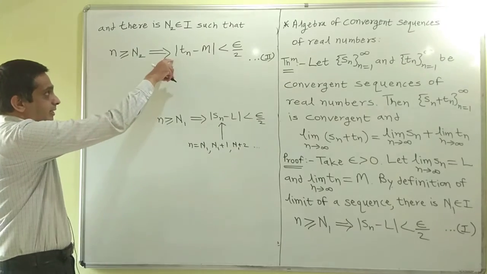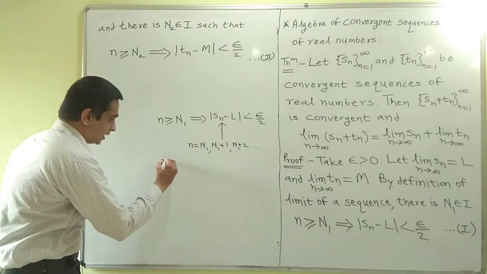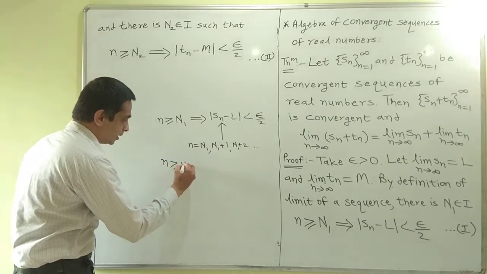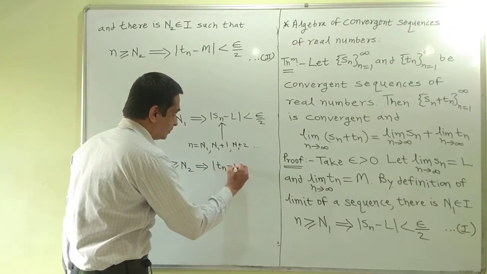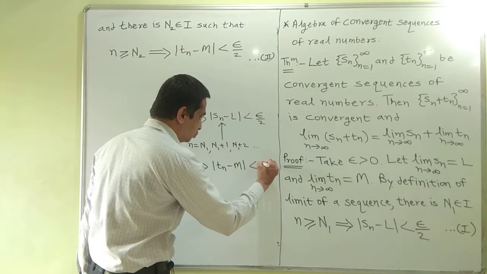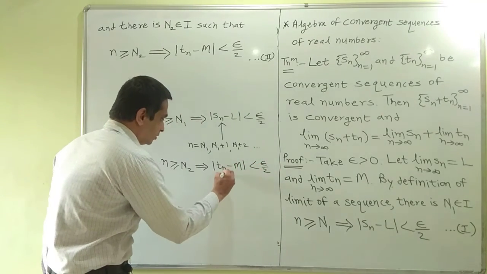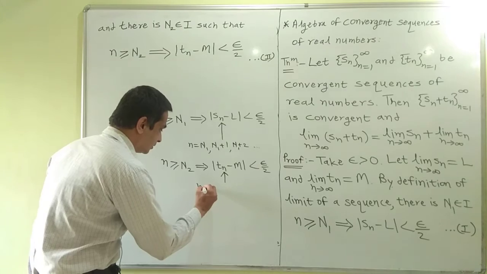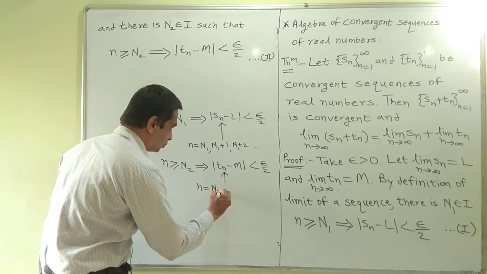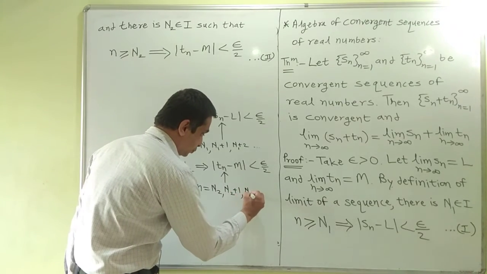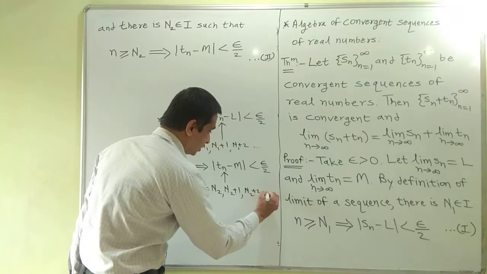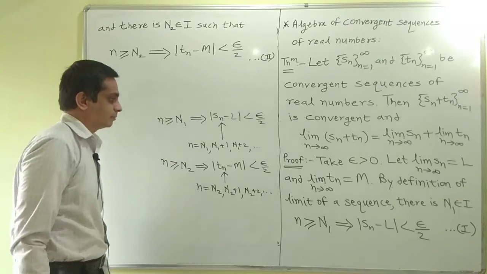Similarly, the second statement states that if n is greater equal to n2, then the distance between Tn and m is less than epsilon by 2. We can assign n to be n2, n2 plus 1, n2 plus 2 and so on.